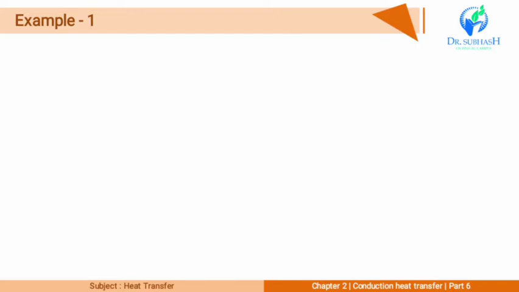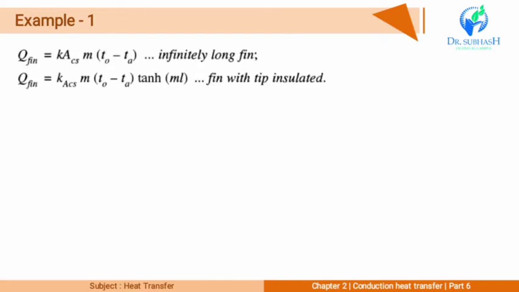One is Q fin equal to k A m (T0 minus TA) for the infinitely long fin, and Q fin equal to k A m (T0 minus TA) times tanh(mL) for the fin with an insulated tip.